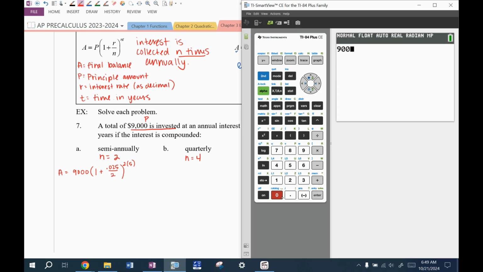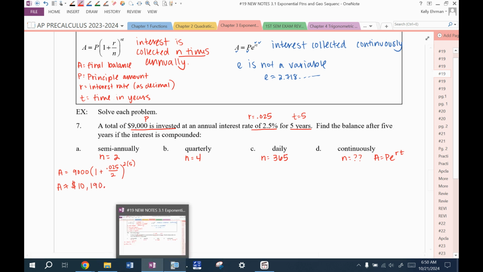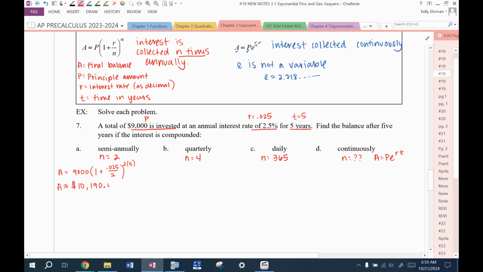So 9,000 times 1 plus 0.025 divided by 2, raising that to the 10th power, 2 times 5. We're talking about dollars here, so instead of rounding to 3 places, we'll round to 2, round to the nearest cent. So the balance is about 10,190.44.